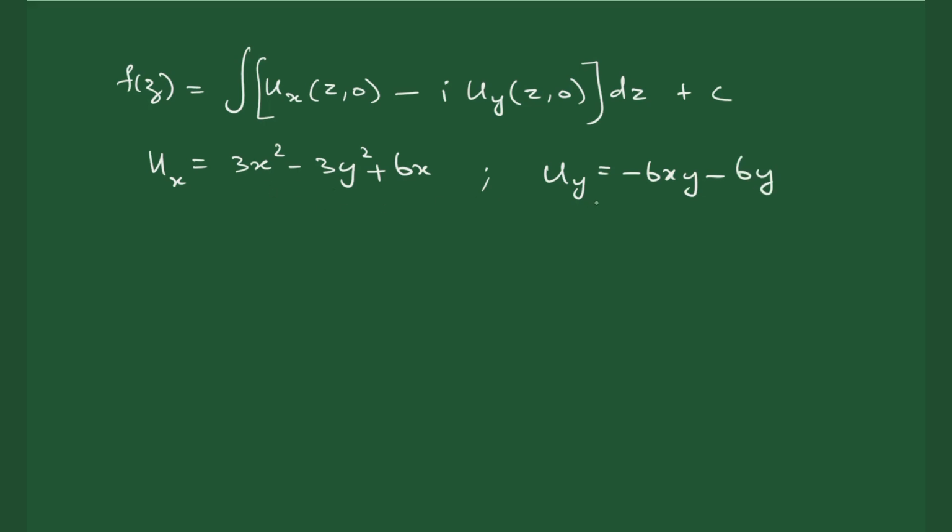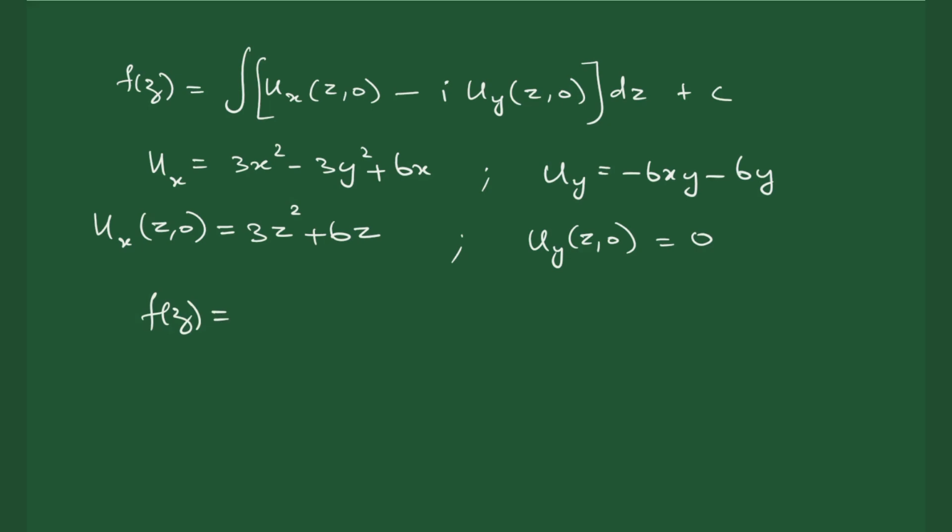These two terms are at the point x comma y, but here we need ux of z comma 0, which means we have to replace x by z and y by 0. If we replace here, this becomes 3z square minus 3 into 0 plus 6z. Similarly, uy of z comma 0 will give you 0 because both terms contain y. Now we can substitute this in the formula.